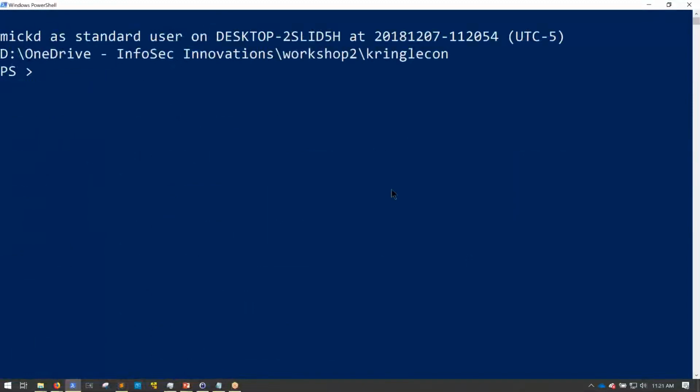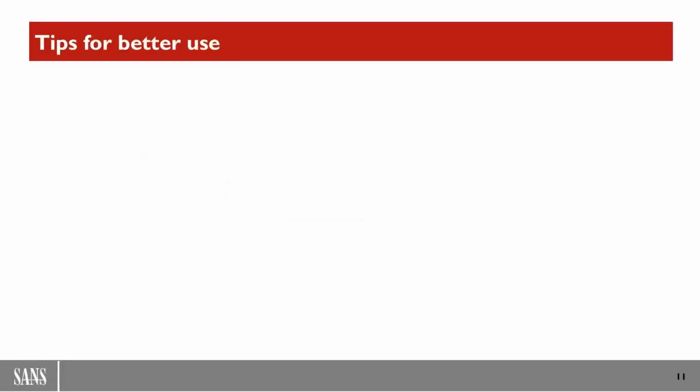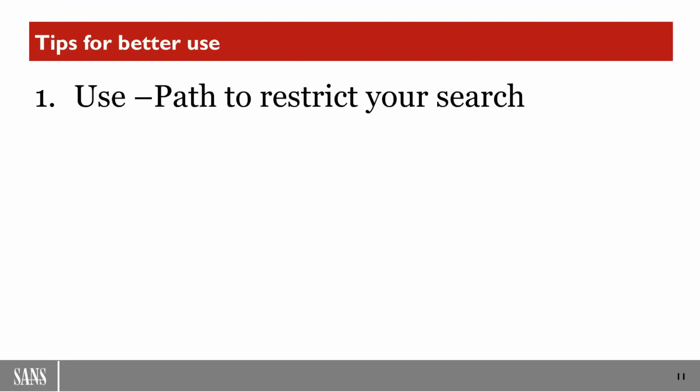So I want to hop back to my slide deck and explain some things about this. The first thing that I would encourage you to use to make this a little more enjoyable and a little more fruitful for you is to use the -Path option to restrict your search.